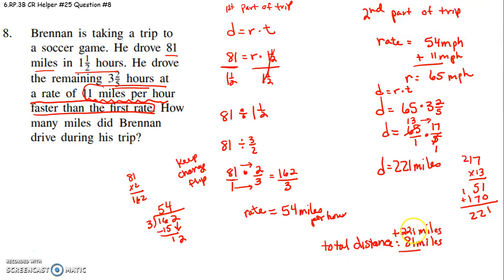So if I add those together, 1 and 1 is 2. 2 and 8 is 10. Put down a 0, carry 1. 1 and 2 is 3. Looks to me like that trip was 302 miles. Wowza, that's quite the problem. I hope that helps.